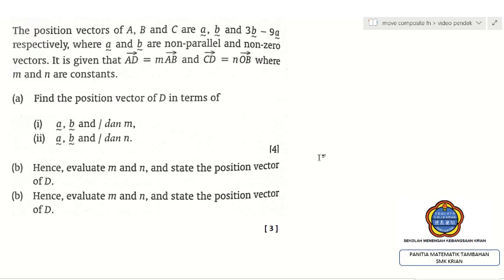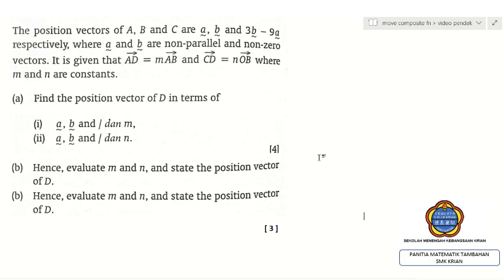Okay, this is the first question I want to introduce, mostly related with 8.3. The position vectors of A, B and C are vector A, vector B and 3B minus A respectively, where A and B are non-parallel and non-zero vectors.